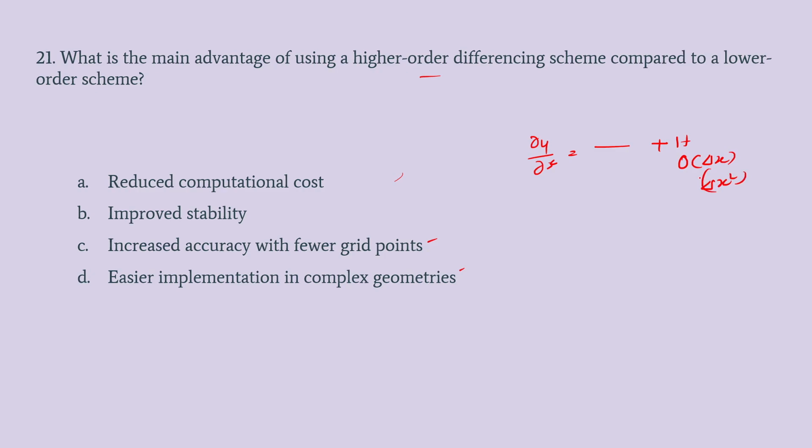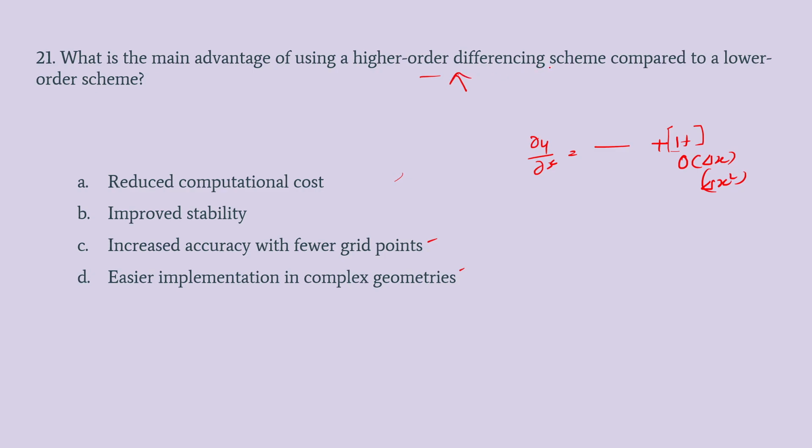When we are going for higher order differencing schemes, the truncation errors, the higher order terms that get truncated from the approximation, will be smaller. The magnitude of the truncated part of the Taylor series expansion will be lower. Such schemes are called higher order schemes.